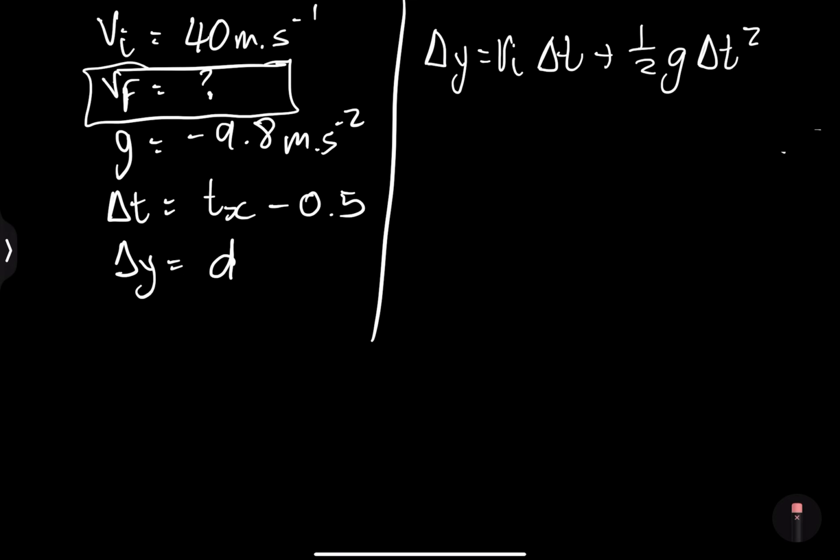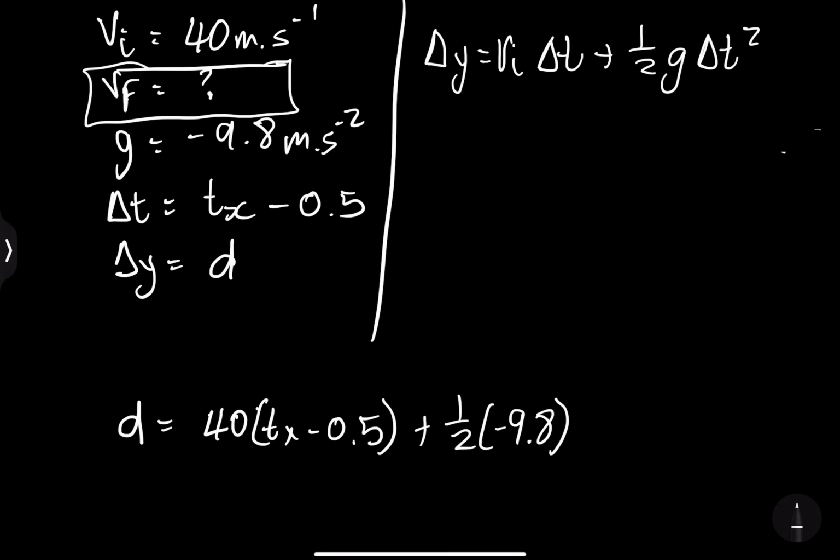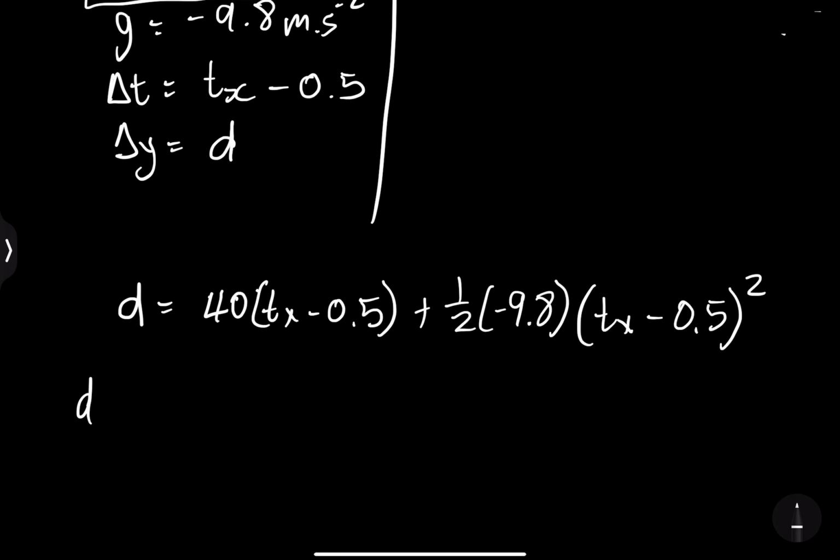Our displacement is d, equal to the initial velocity 40 times (tx minus 0.5) plus 1 over 2 times negative 9.8 times the time, tx minus 0.5, which is the time it takes till X. If you simplify, you get 40 tx minus 40 times 0.5, which is minus 20.